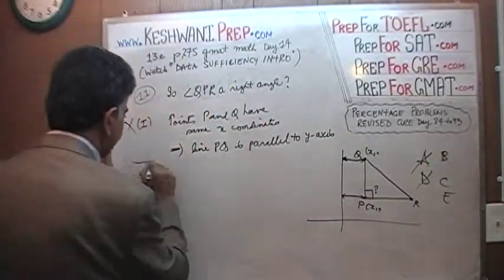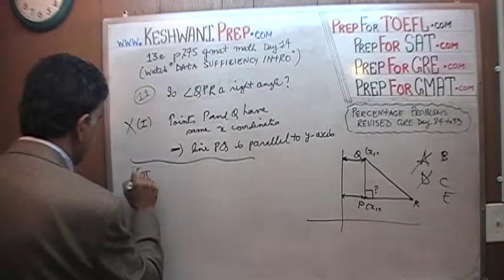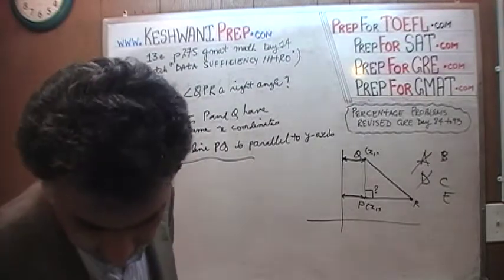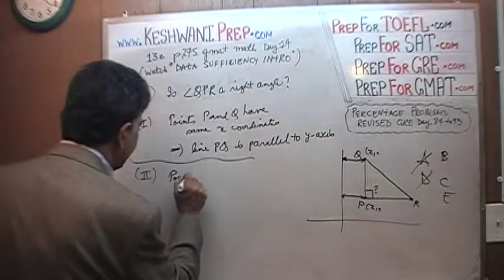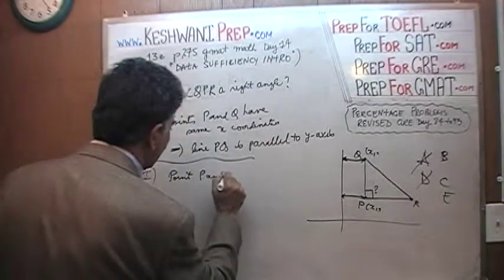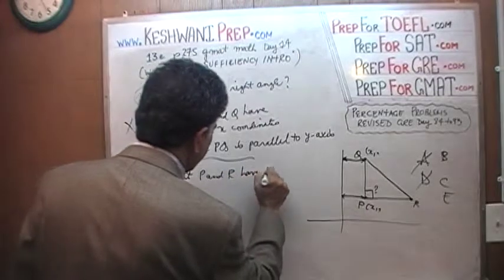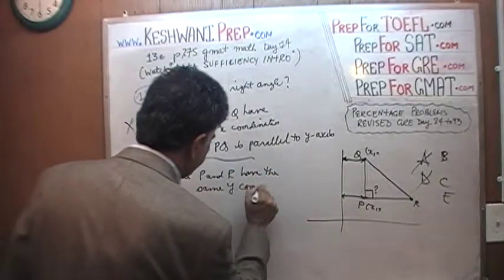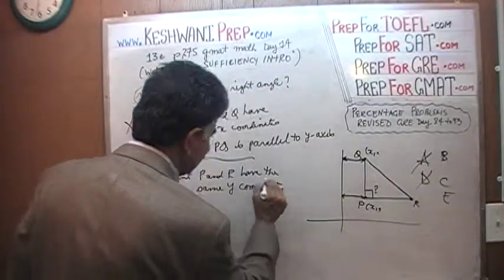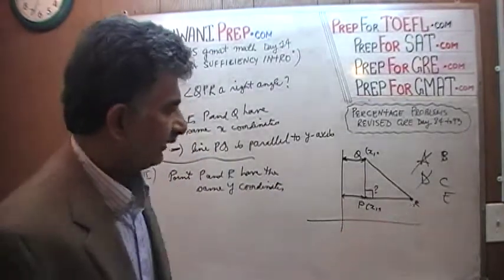Let's look at the second statement. The second statement tells us that points P and R have the same y coordinates.